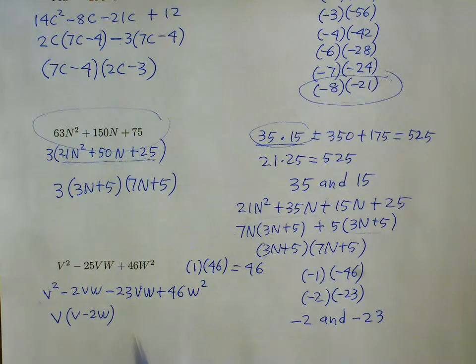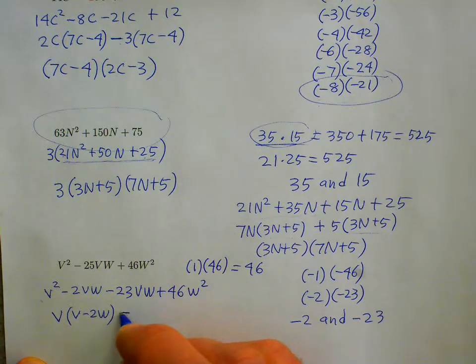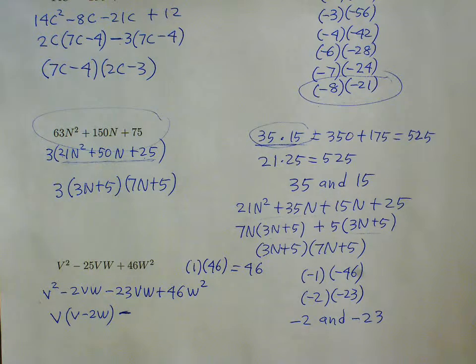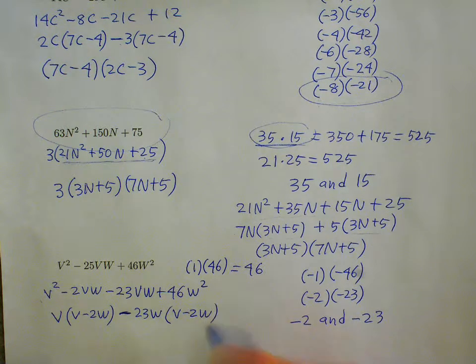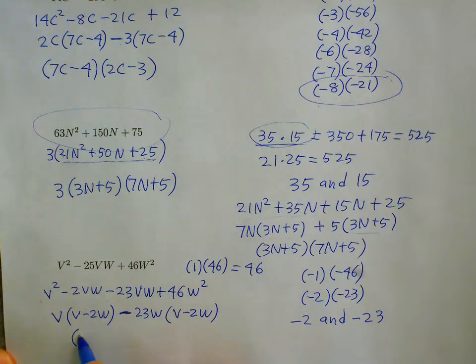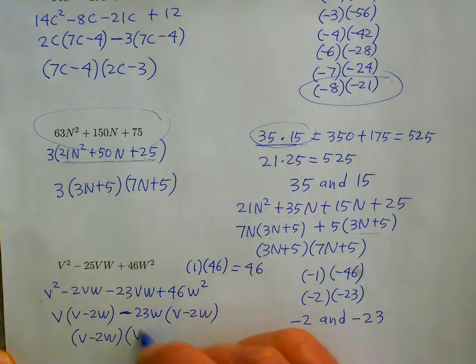And the next step, the middle operator in the quadronomial is subtraction. So bring down subtraction. And then factor the negative of the greatest common factor out of the third and fourth terms. So that means we're going to factor out -23w. And we'll be left with v minus 2w. And then the last step, factor v minus 2w out. And the other factor is v minus 23w.